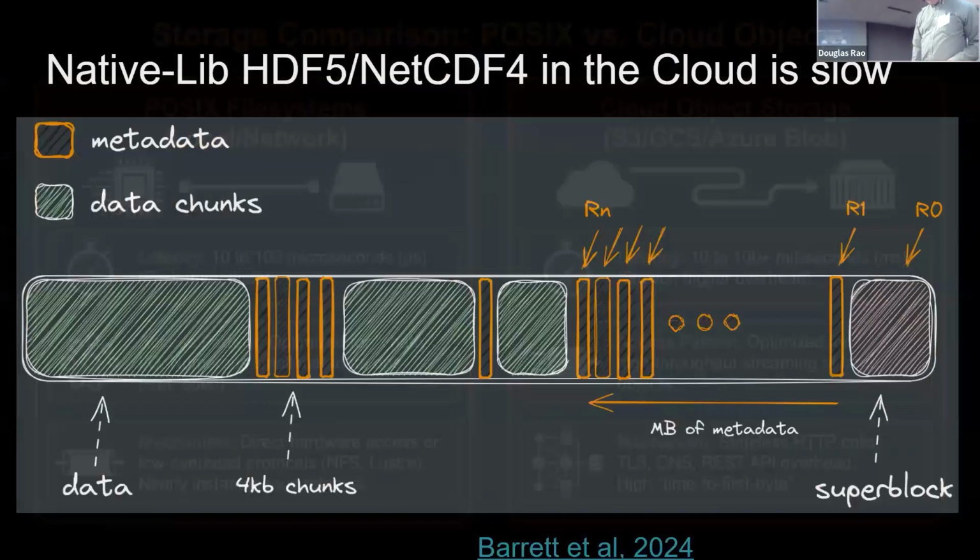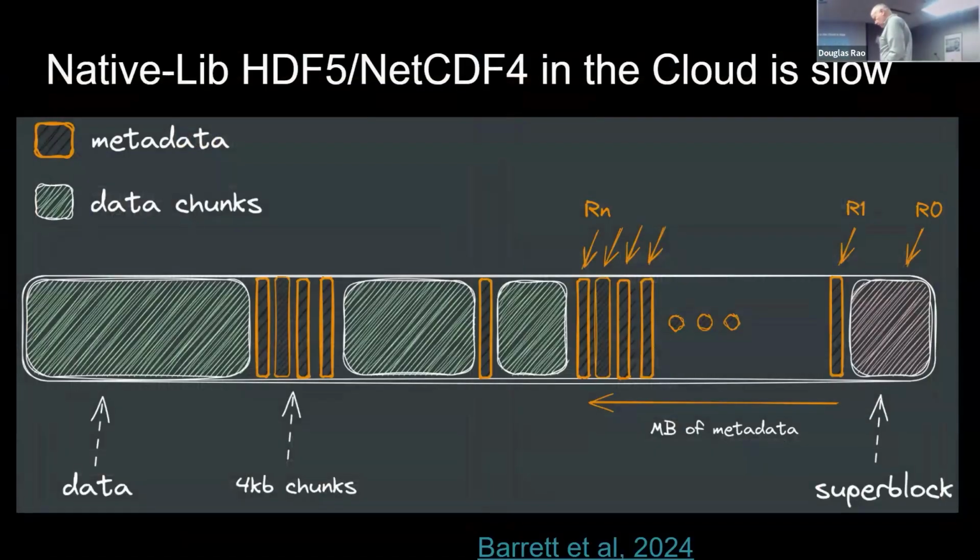Anyway, okay. So if you look at a netcdf4 file, for a long time we thought that netcdf and HDF were just not performant on the cloud, and so the Zarr format was invented.